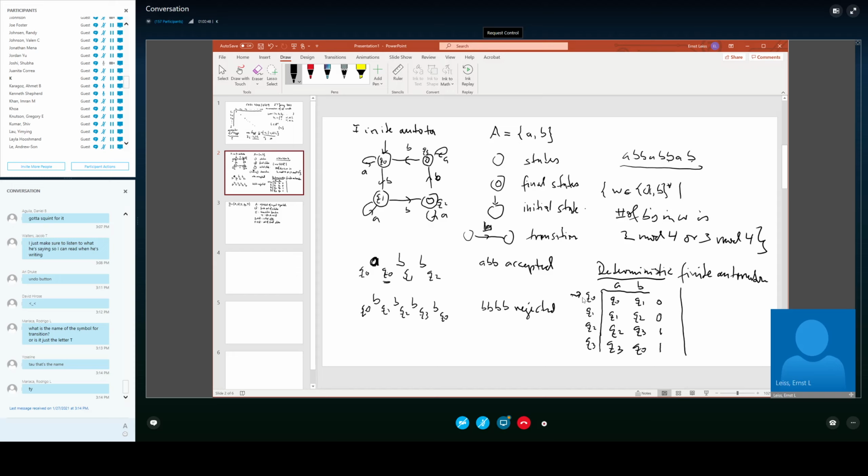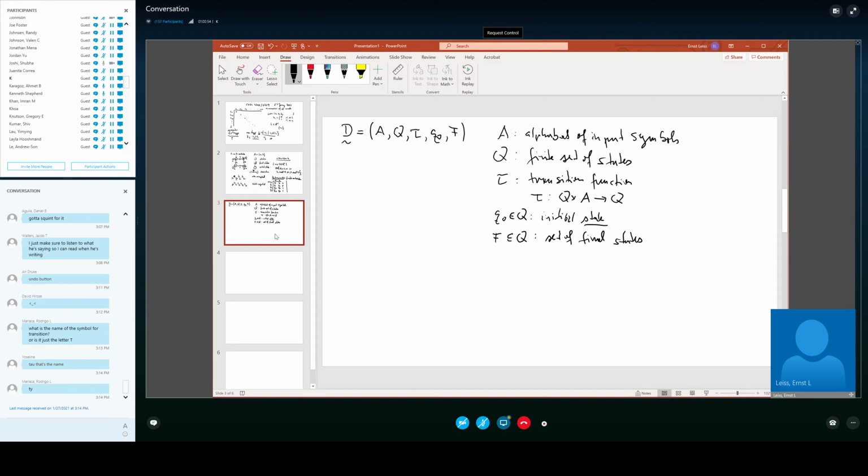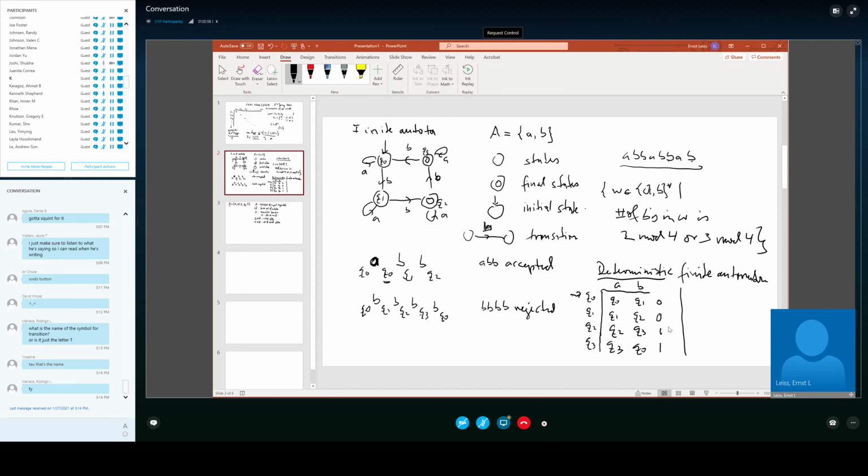We needed that arrow to one of them. In this case, it is Q0. And we had to indicate what are the final states. And we did that in the last column by indicating that Q2 and Q3 are final states, and Q0 and Q1 are not.